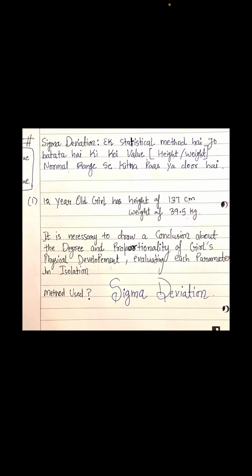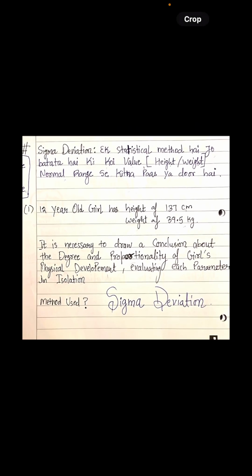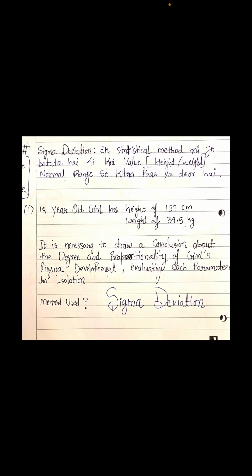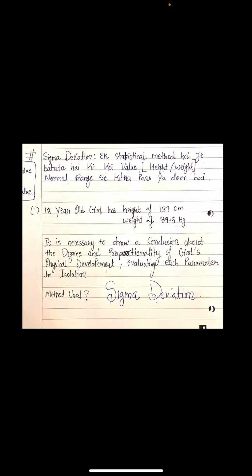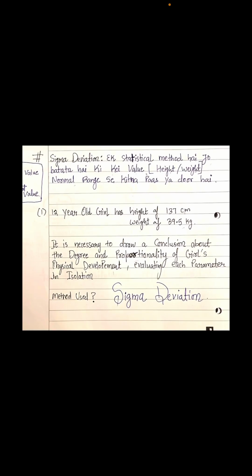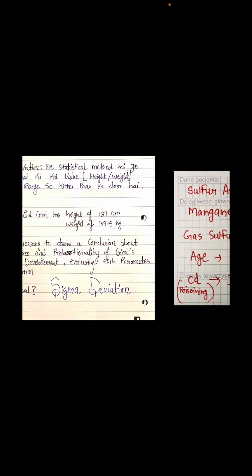Let's see the question, you will understand it. A 12-year-old girl has height this and weight this. It is necessary to draw a conclusion about the degree and proportionality of the girl's physical development, evaluating each parameter in isolation. Which method do they need to use to evaluate if the girl is of normal development or far away from the normal development of children? We are going to use sigma deviation as the method.